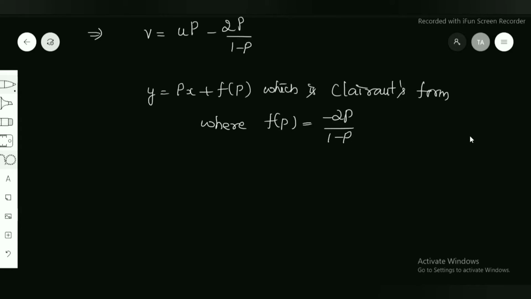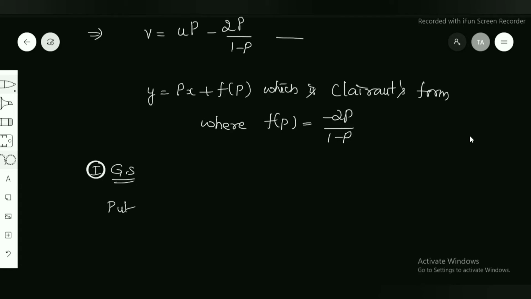Now we can see that the given differential equation has been reduced to Clairaut's form. So these kinds of equations are called reducible to Clairaut's form. Let us go ahead and find the general solution first.